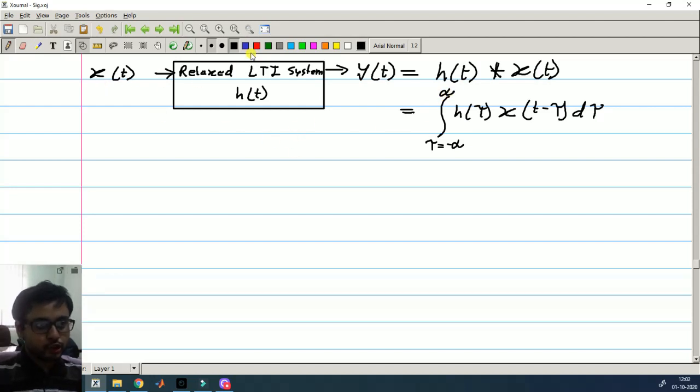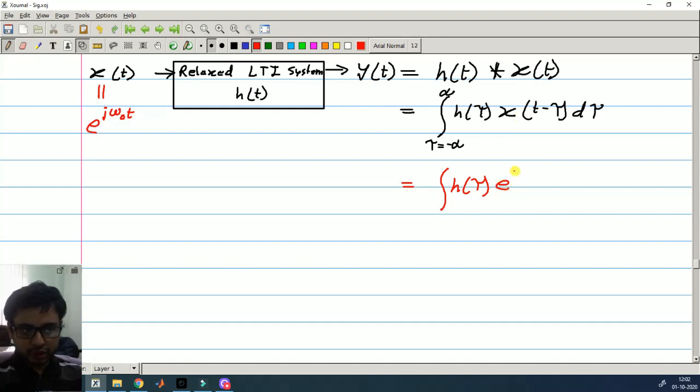Now if I choose my input to be of the form e to the power j omega naught t for any value of omega naught, then the output will be the integration of h(tau) e to the power j omega naught (t minus tau) d tau, tau from minus to plus infinity.